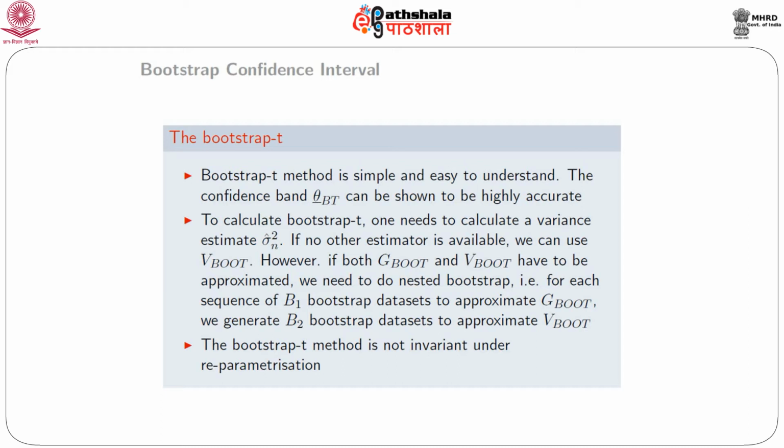That is, for each sequence of bootstrap datasets, we first generate B1 bootstrap datasets to approximate G boot, and then we need to generate another B2 bootstrap datasets to approximate V boot. So, that means we are nesting the bootstrap technique here. Also, the bootstrap method is not invariant under reparameterization. So, if we reparameterize, then the confidence interval is not invariant.